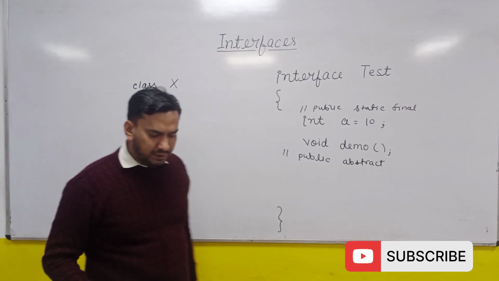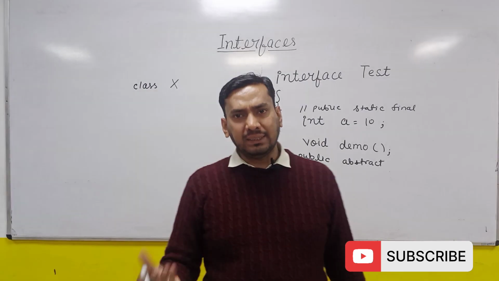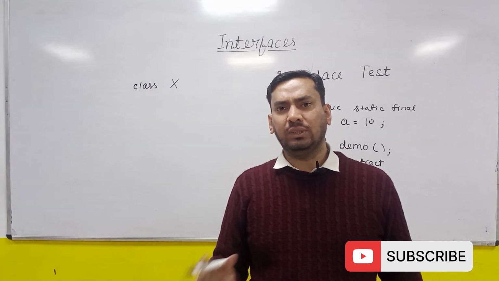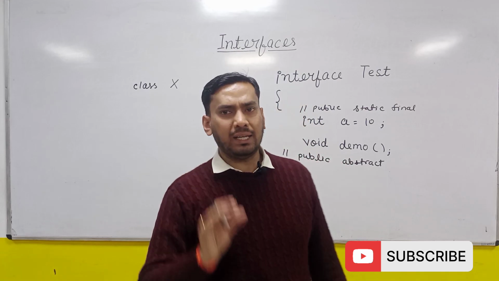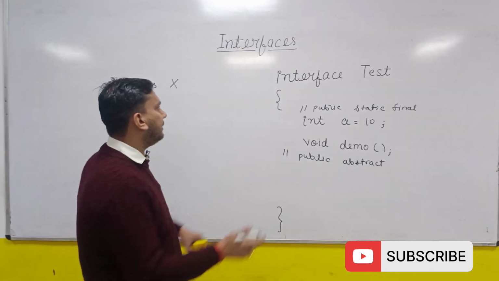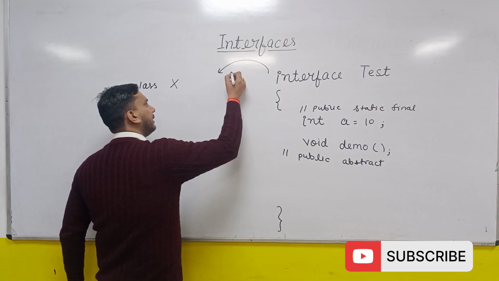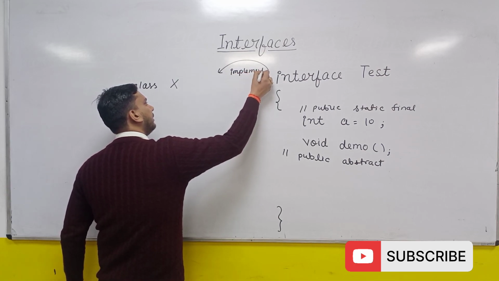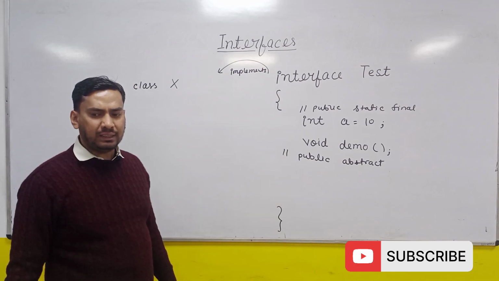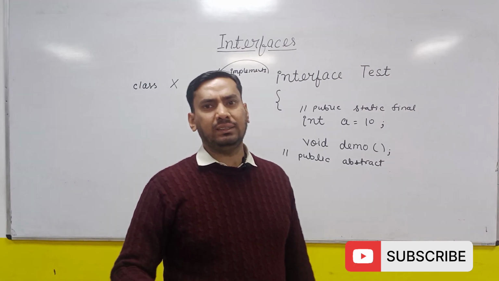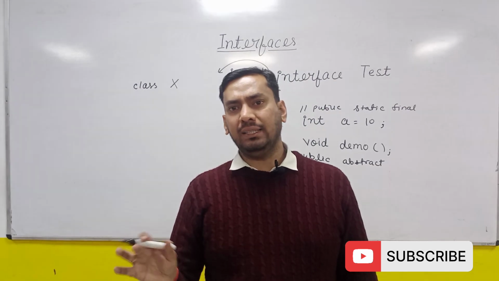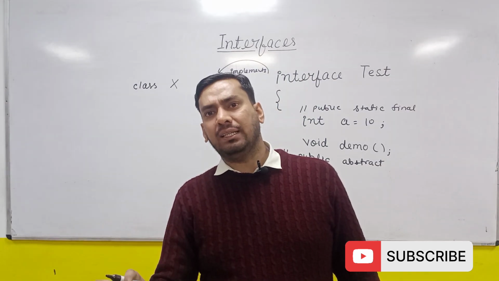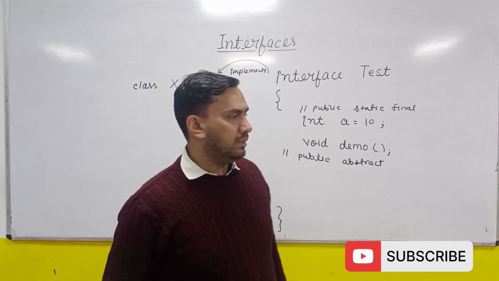Now the question is, will you use the same extends keyword to inherit an interface? The answer is no. In a class, if you want to inherit this interface, the keyword is implements. You have to use the implements keyword to inherit an interface inside a class, whereas to inherit a class inside a class, you use the extends keyword, right?